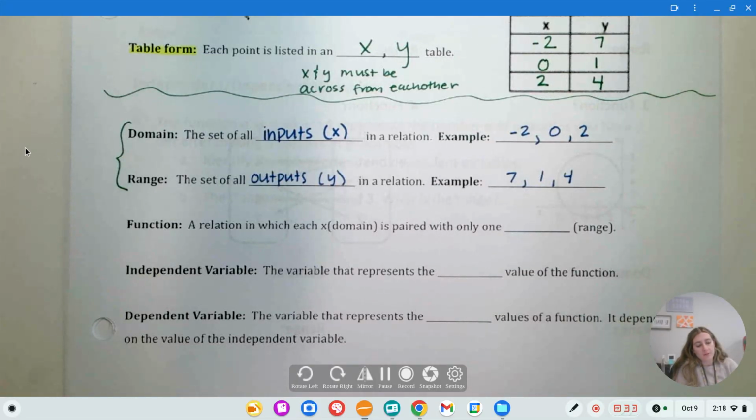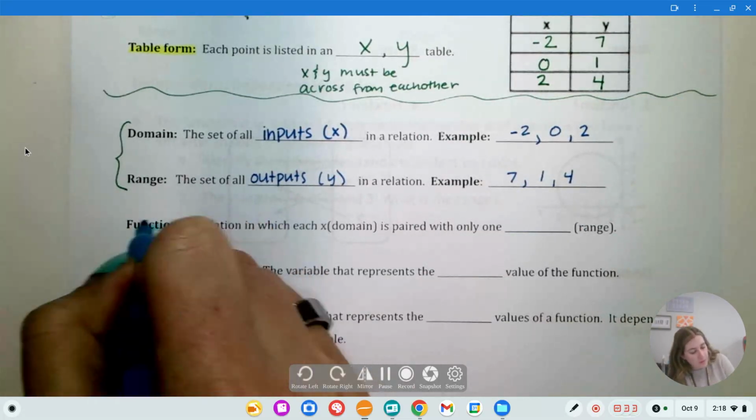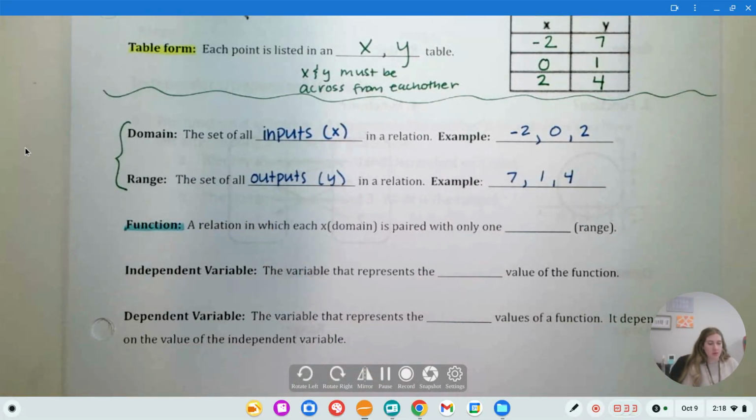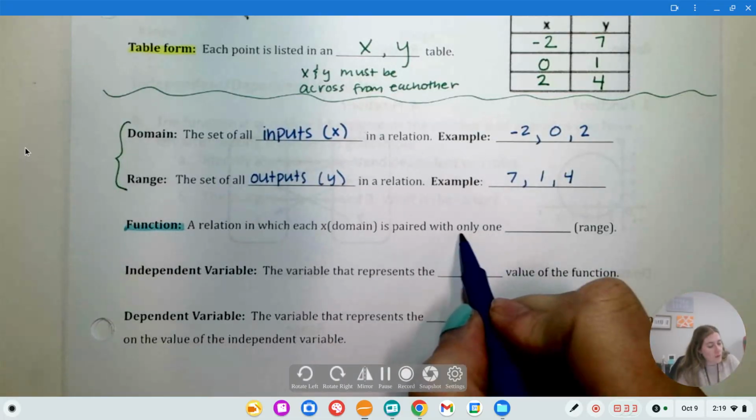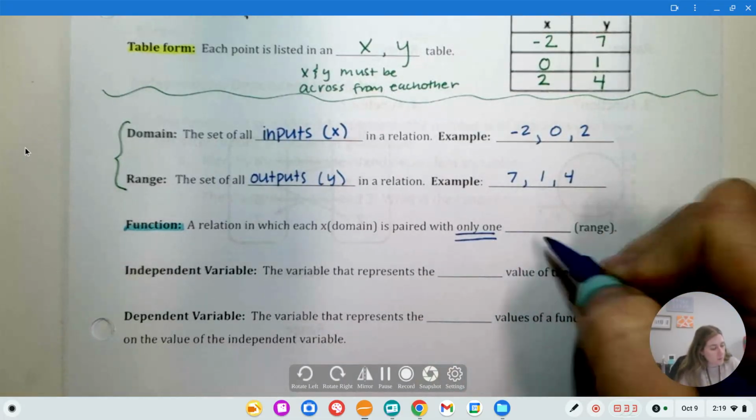Domain, x's; range, y's. Now, second most important word of the whole day is function, because that is literally what this section of notes is called, functions. This is where a domain is paired with only one y value.